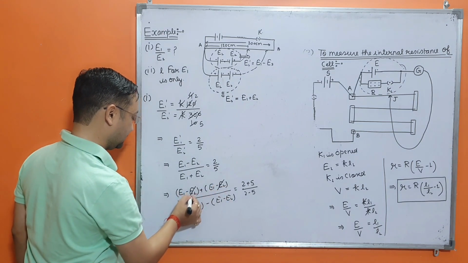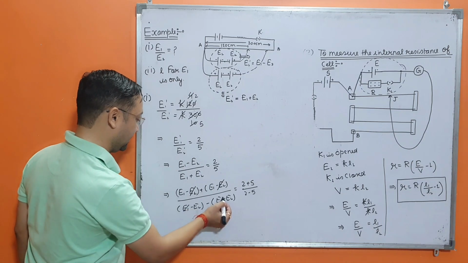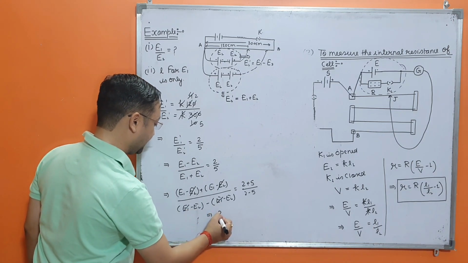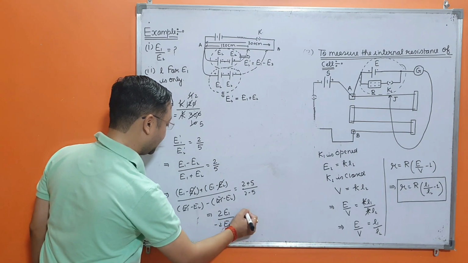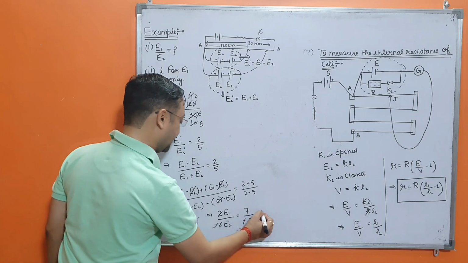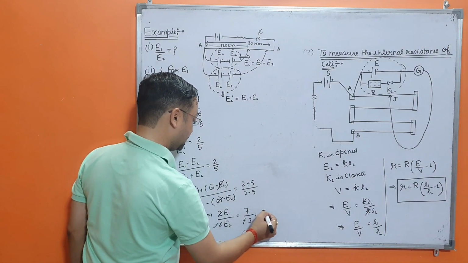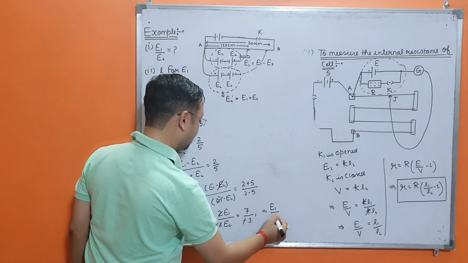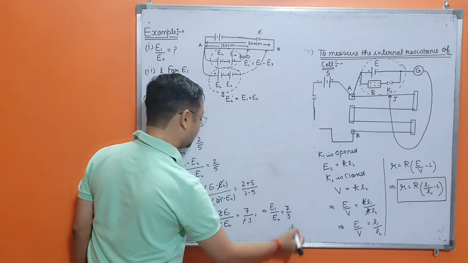E2 and E2 get cancelled from here, and when we put the minus sign inside, E1 and E1 get cancelled. This implies that twice E1 divided by minus twice E2 equals 7 divided by minus 3, minus minus gets cancelled, and this implies that E1 upon E2 will be 7 by 3.